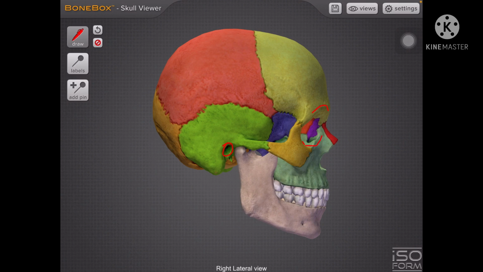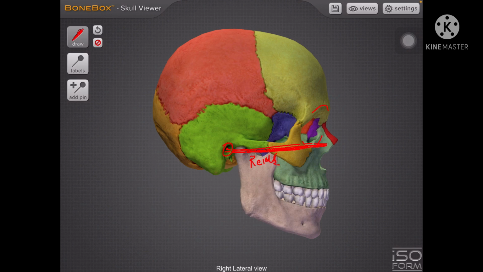The line passing from the midpoint of the external acoustic meatus to the infraorbital rim is called Reid's baseline.